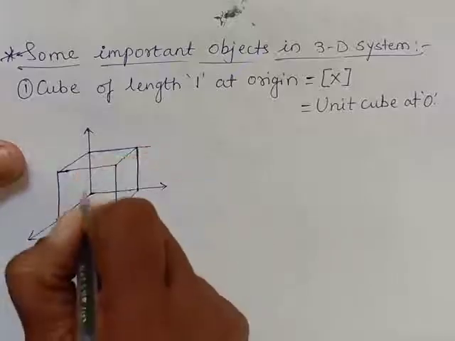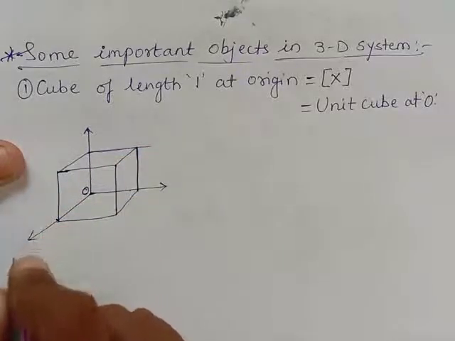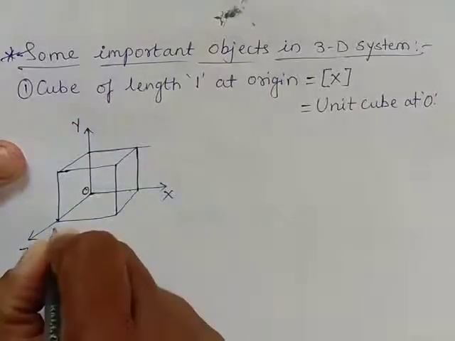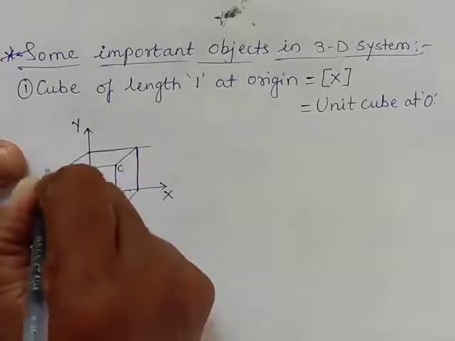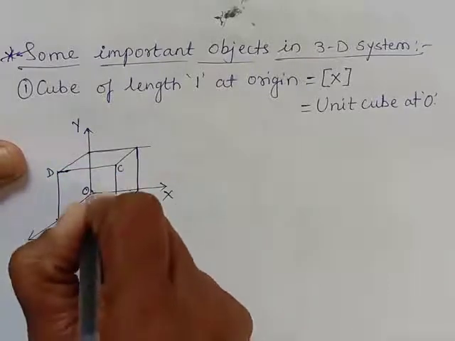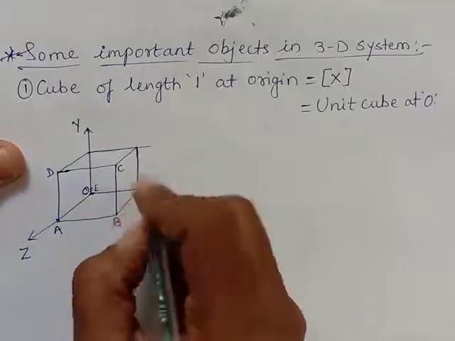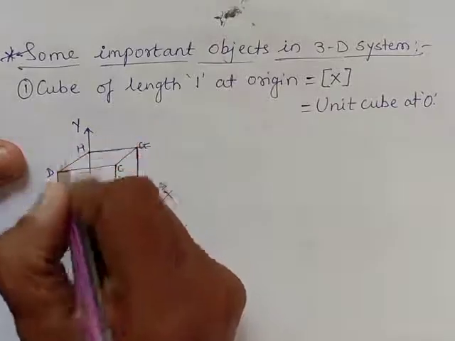Suppose this is the figure, here O, here suppose this is the x-axis, y-axis and z-axis. Here A, B, C, D, and E, F, G and here H.